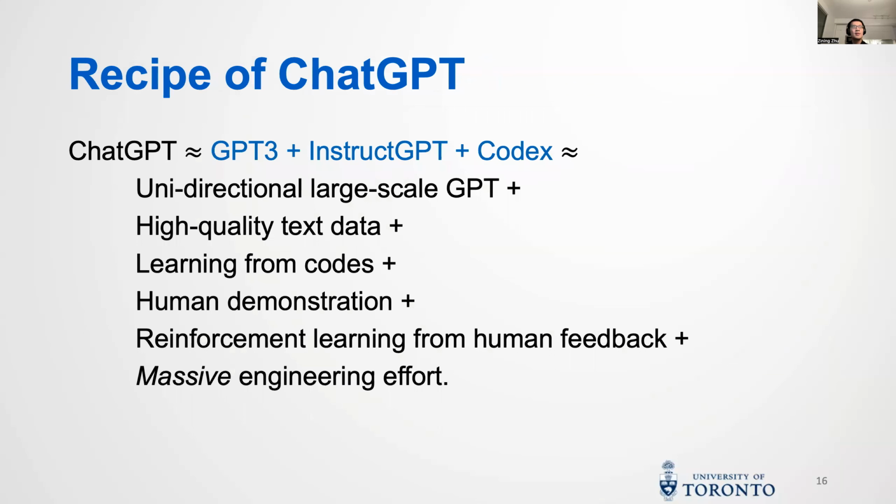This slide summarizes a brief recipe for ChatGPT. The backbone structure is unidirectional large-scale GPT, trained on very high-quality text data, as well as coding language. This model was fine-tuned on human demonstration and reinforcement learning from human feedback.